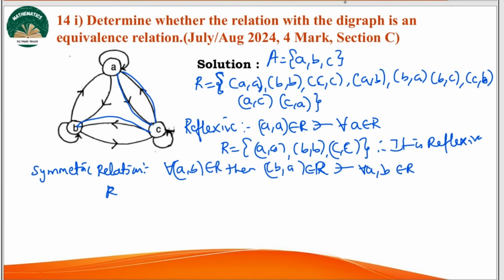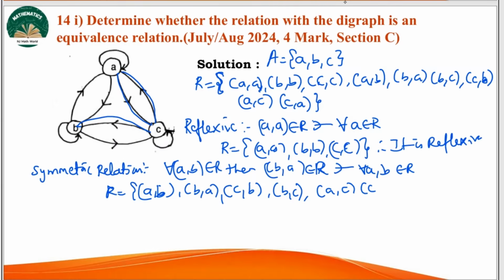For this symmetric relation, R will have A comma B, then you have B comma A. Then C comma B, you have B comma C. Then you have A comma C. Then you have C comma A. So therefore it is a symmetric relation. Here also it is a symmetric relation.